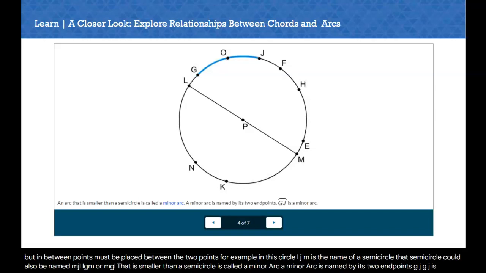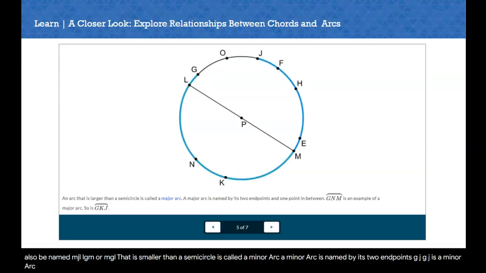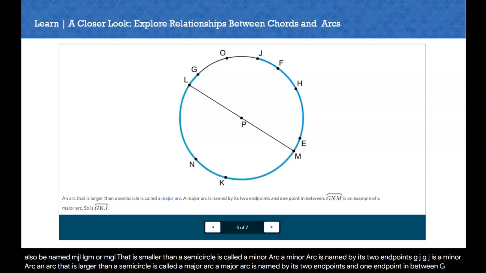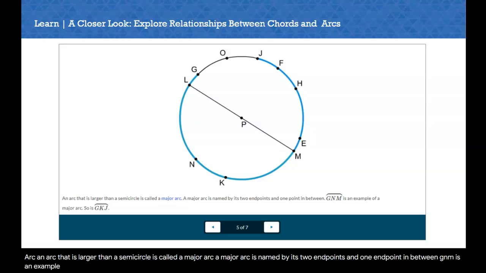GJ is a minor arc. An arc that is larger than a semicircle is called a major arc. A major arc is named by its 2 endpoints and 1 point in between. GNM is an example of a major arc. So is GKJ.